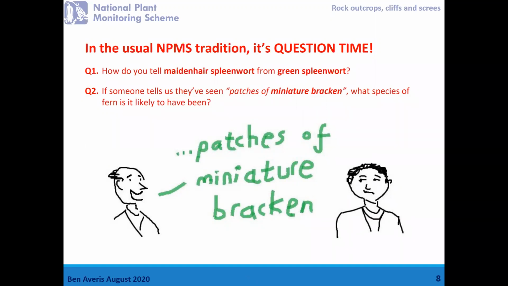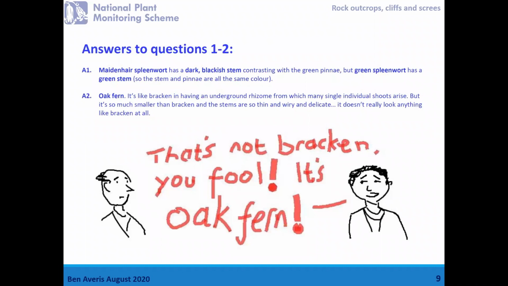So that's good. I'll click that off there, and that shows a page with the answers. And somebody is rather unkindly calling that person a fool because they thought they were looking at miniature bracken, but we can't be getting everything right from the beginning. That's how we learn things. I can think back to my history and some mistakes that I've made.